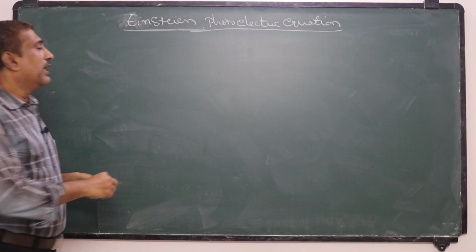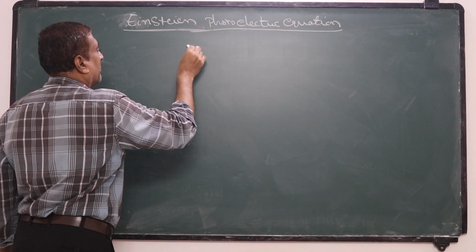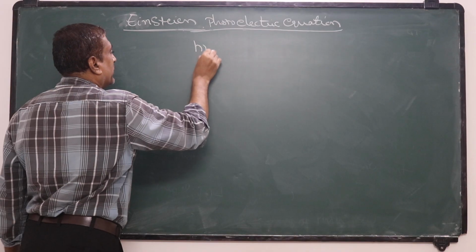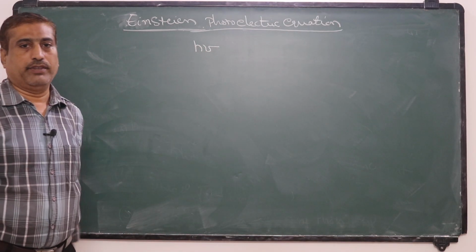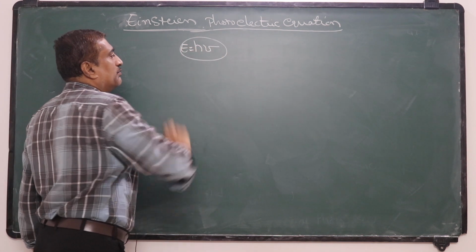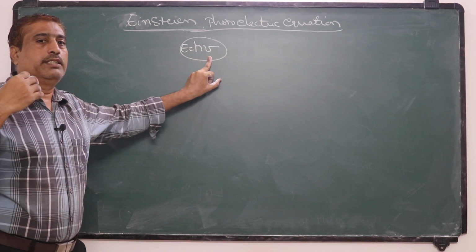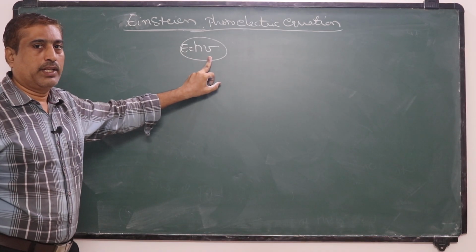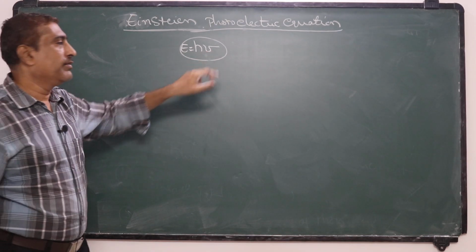Now Einstein explained the photoelectric effect by this Planck's radiation law. According to Einstein, when a photon of energy E equal to h nu is incident on the metal surface, this energy is used in two different parts.